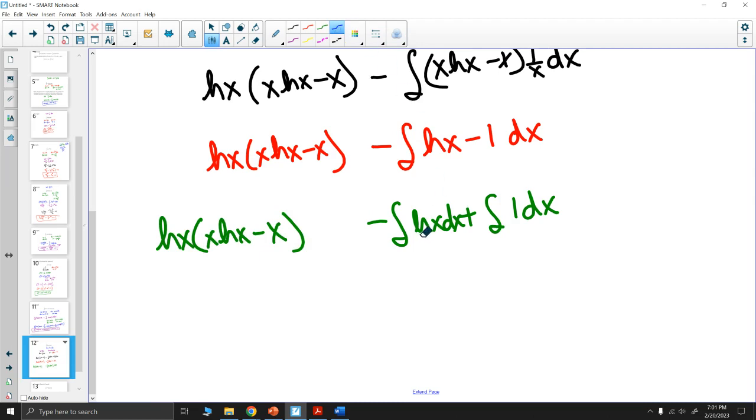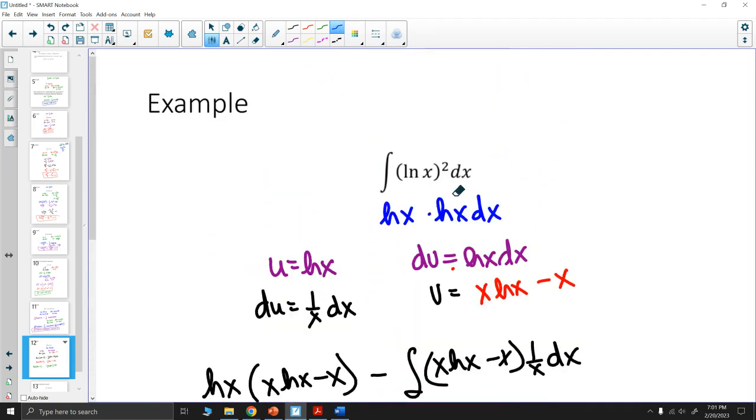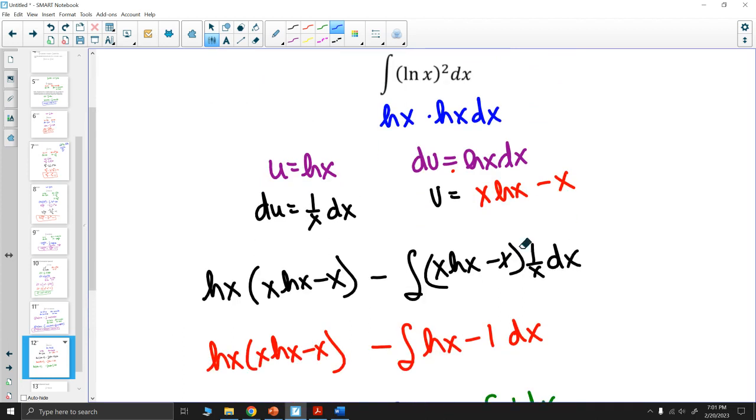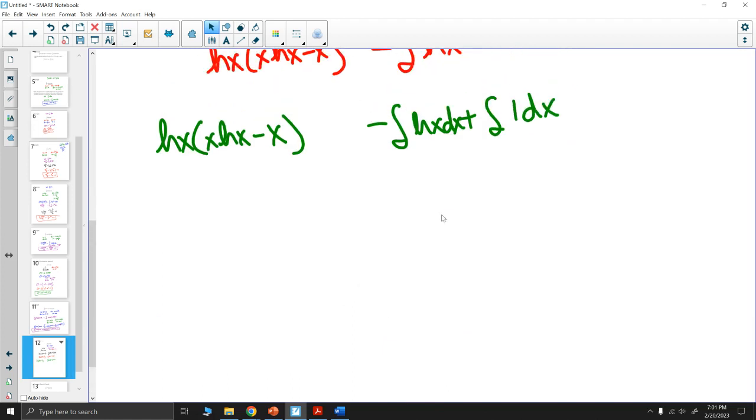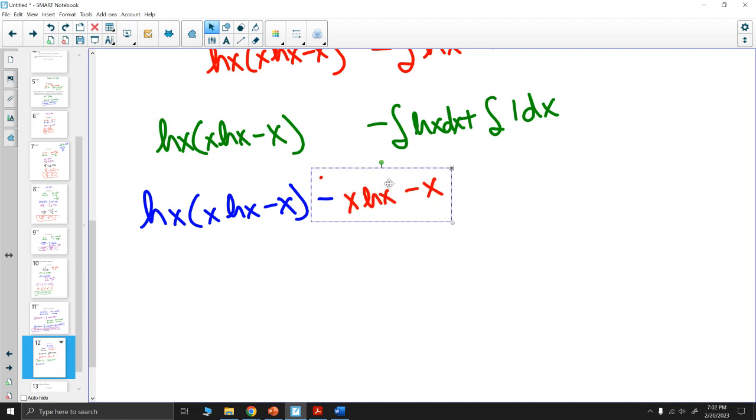The integral of ln of x, well, we've already done that several times. It's this thing here, so I'm going to copy that again. So we have natural log of x times x natural log x minus x, minus the integral of ln x, which is this thing.